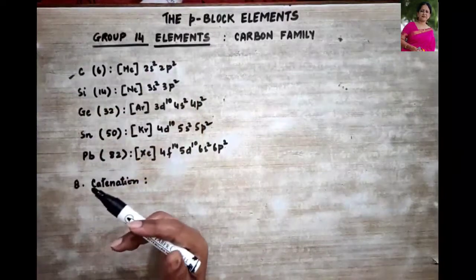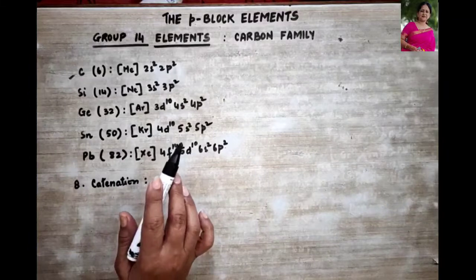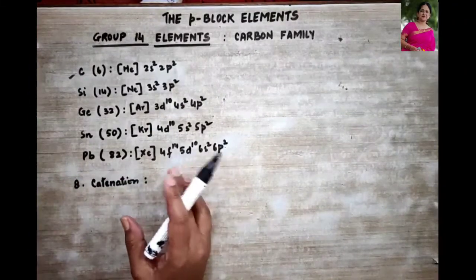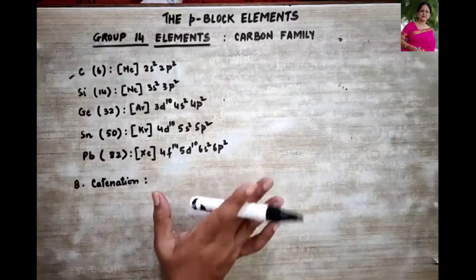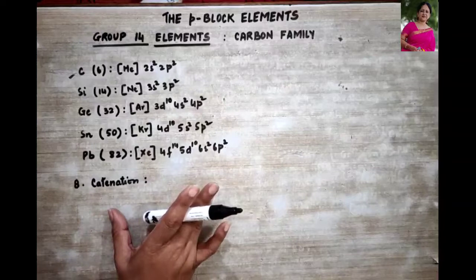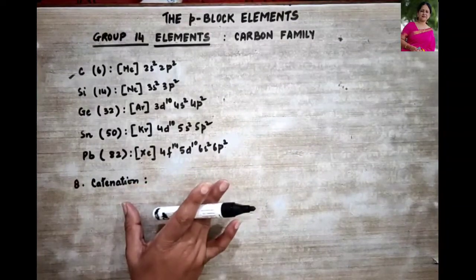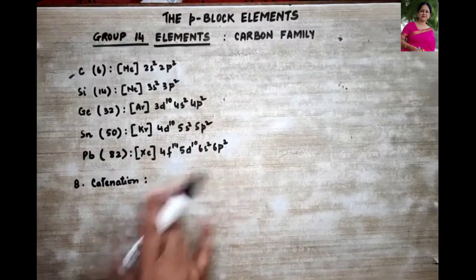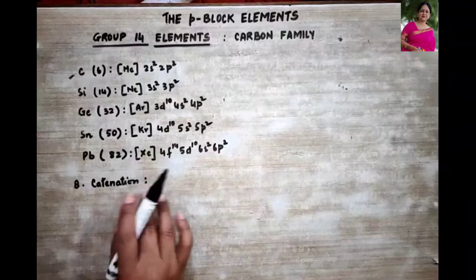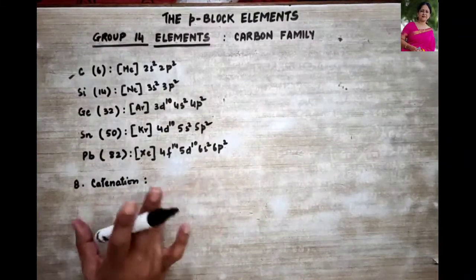So what are the necessary conditions for catenation? Firstly, the valency of the element must be greater than or equal to 2. That is important. Secondly, the element must form strong covalent bonds between the two atoms as compared to the bond with another atom, especially with oxygen, right? So these are the two important conditions necessary for catenation.